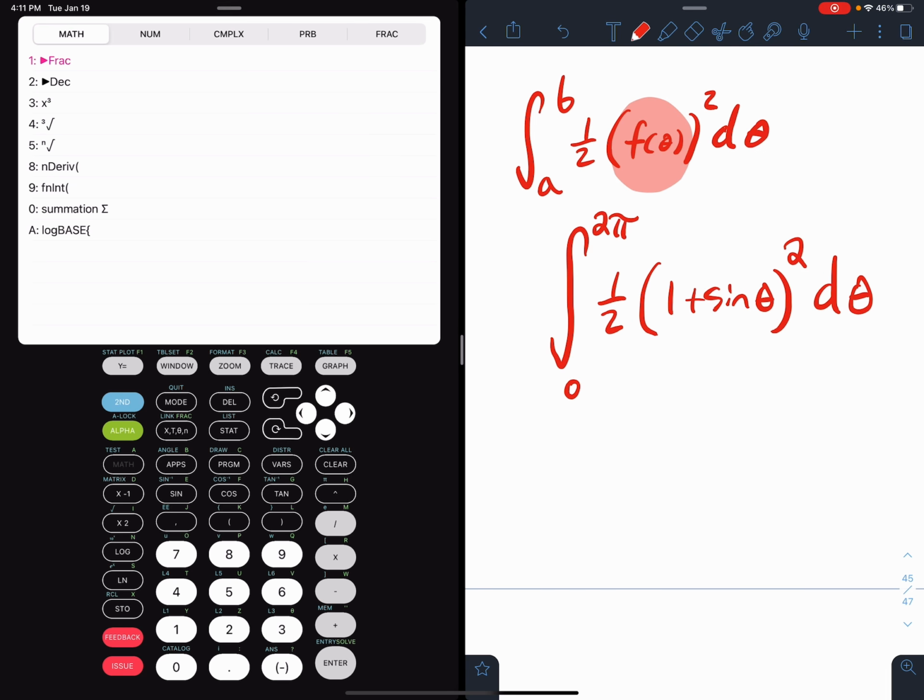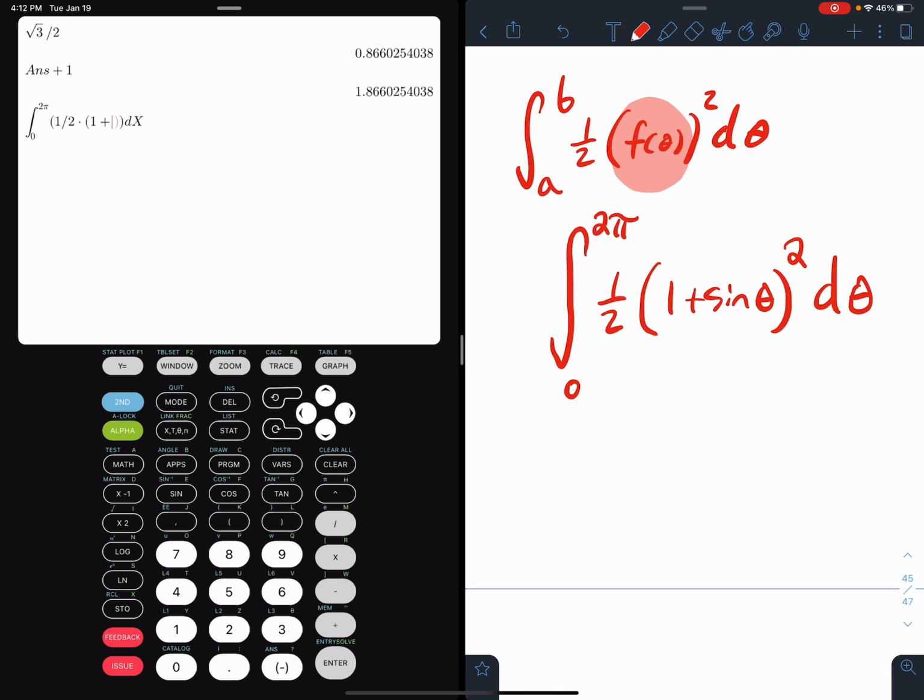So I'm going to do math, integral 0 to 2 pi. And then I'm going to do 1/2 times parentheses 1 plus sine. And since I have a differential x already, I'm going to use x here. The variable doesn't matter.